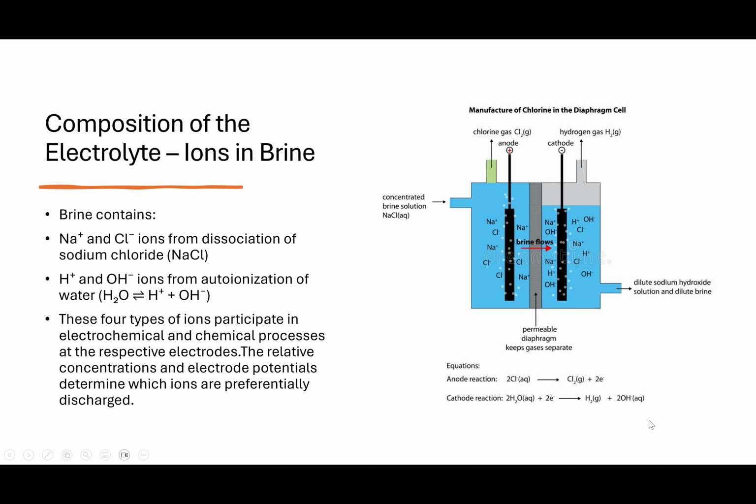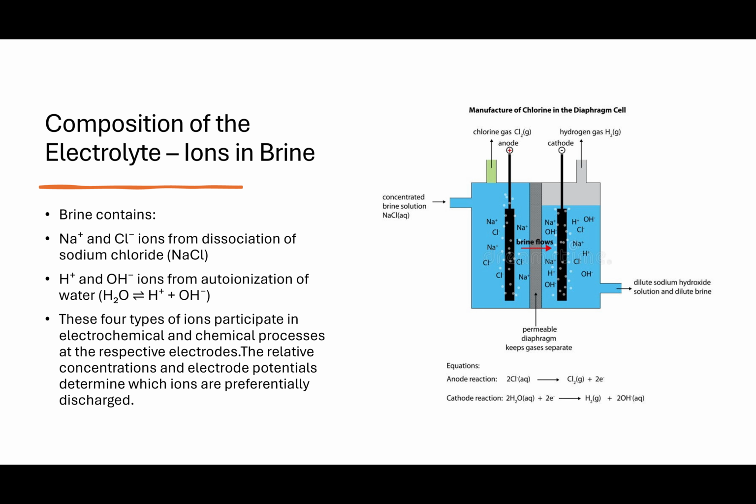The sodium and the hydroxide will mix to create sodium hydroxide, and that's how we have it as a product. So chlorine gas is produced at the anode, hydrogen gas is produced at the cathode, and hydroxide ions and sodium ions left in solution will bond to produce sodium hydroxide.